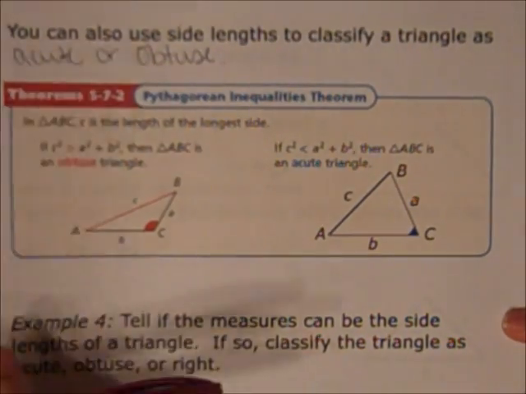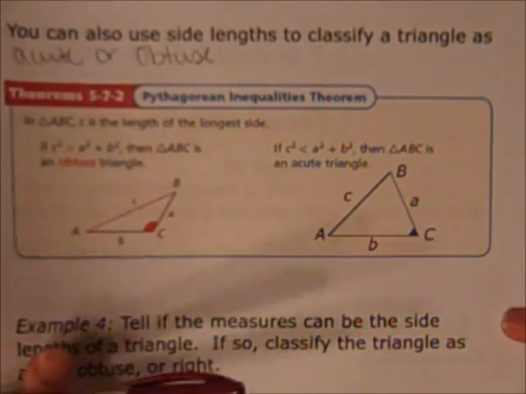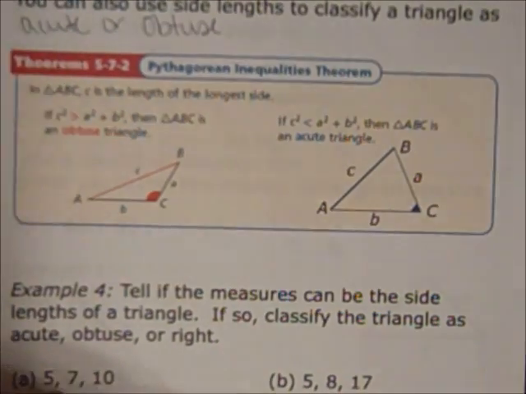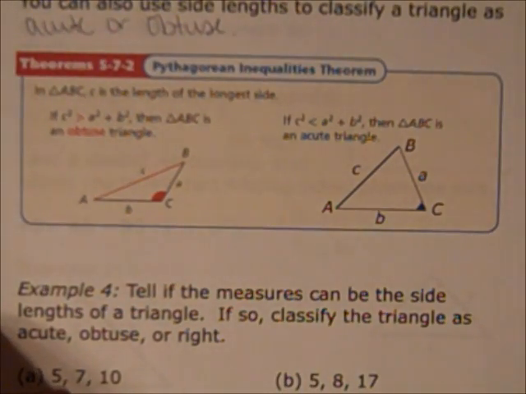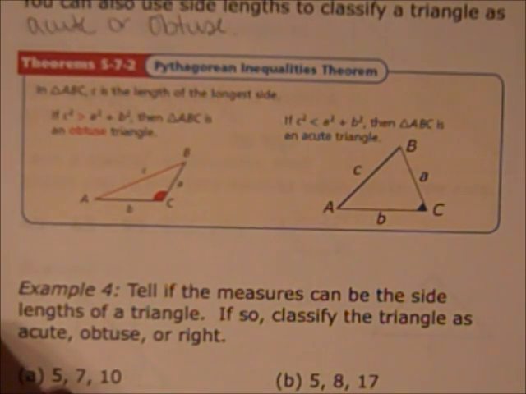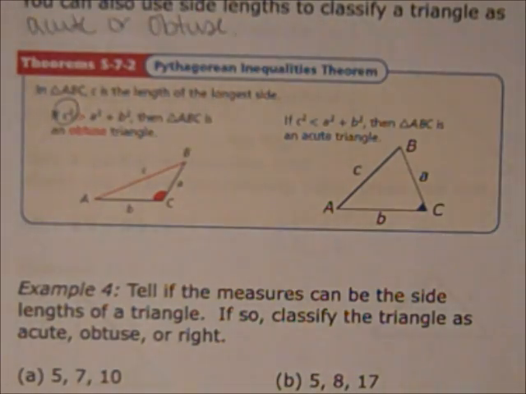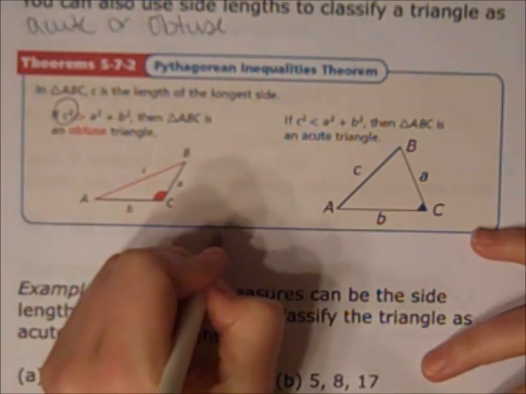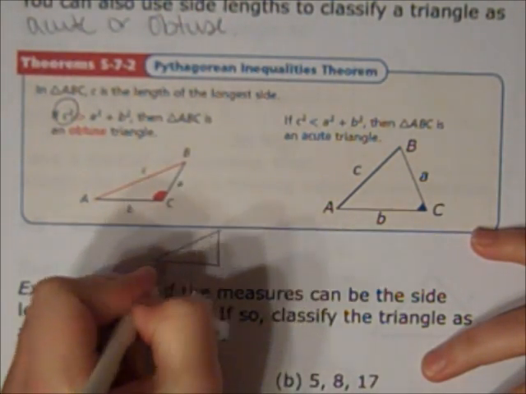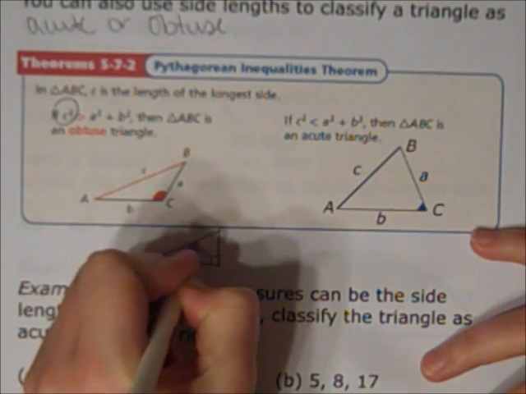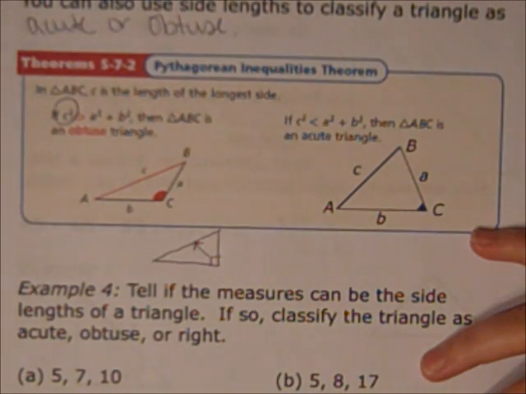Okay, an extension of that converse is what's called the inequality theorem. It says, if it's not a right triangle, if it doesn't work out, then what is it? It's either obtuse or acute. To remember this, you look at what would have been the hypotenuse. If this works out exactly right to be a right angle, then this is going to be the length of my hypotenuse.